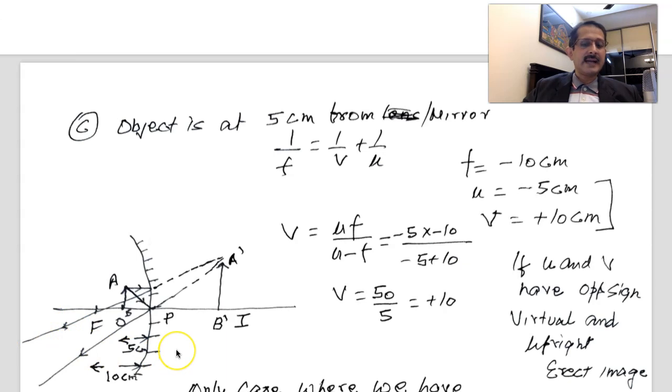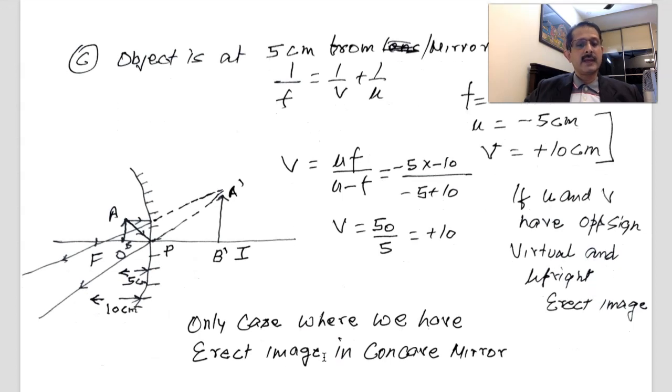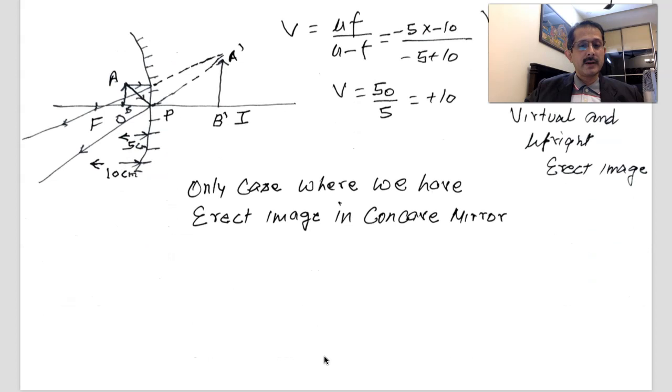These are divergent rays, they will never meet, but if we produce them backwards, they will meet on this side, right? So we can say virtual, upright, erect image. This will also be magnified, which we will talk about in a later section. And this is the only case where we have an erect image in a concave mirror.